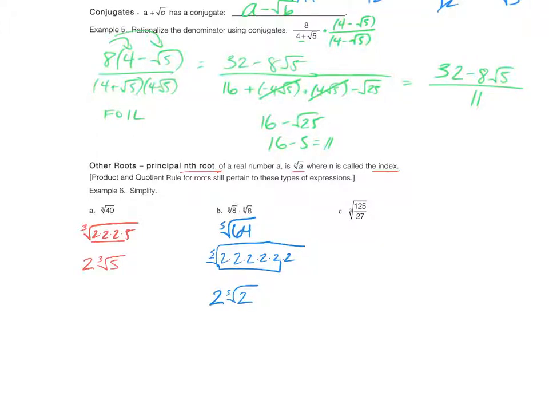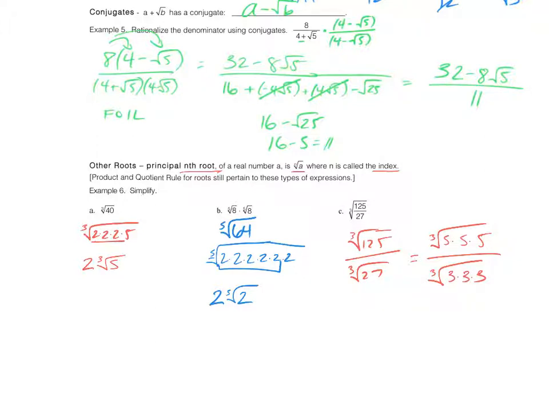In C, we're using the quotient rule, so I can take the cube root of 125 over the cube root of 27. So in this case, 125 broken down into its prime factors is 5 times 5 times 5. And 27 into its prime factors is 3 times 3 times 3.